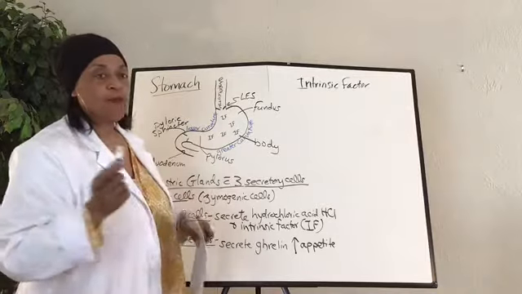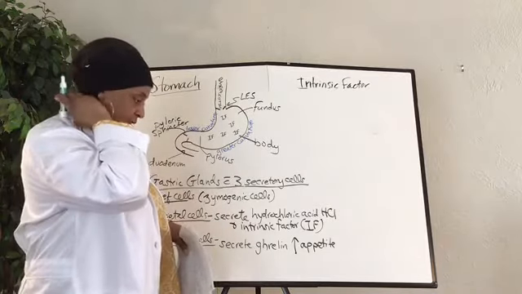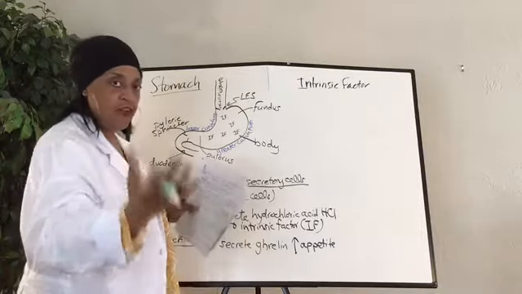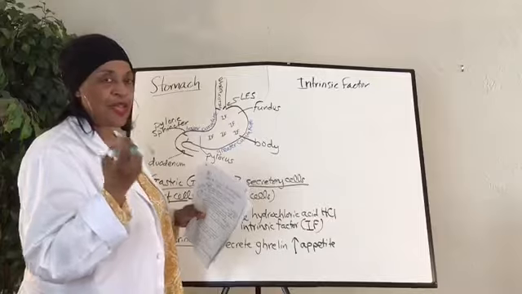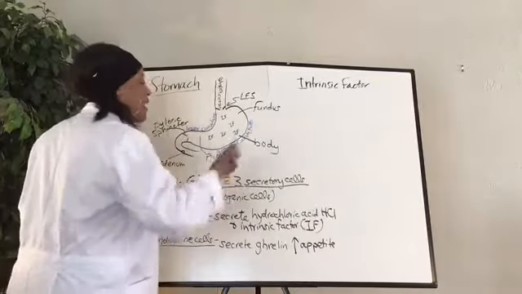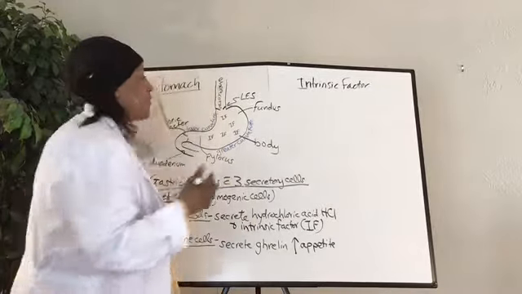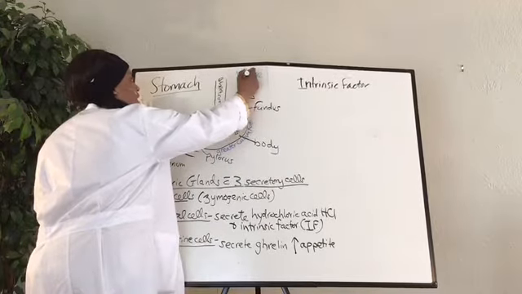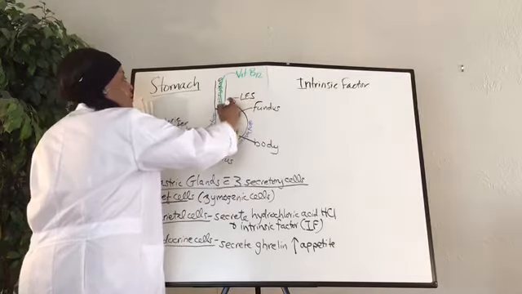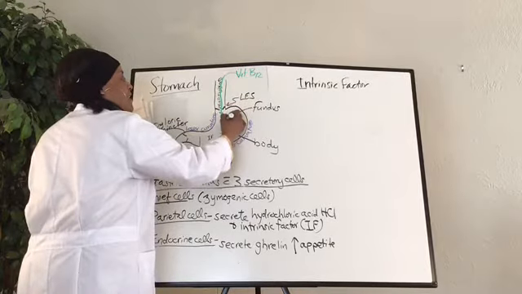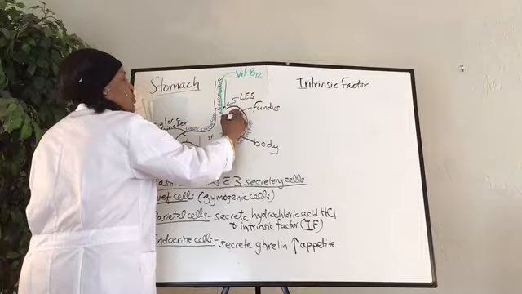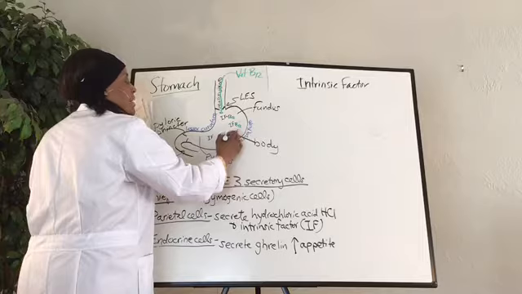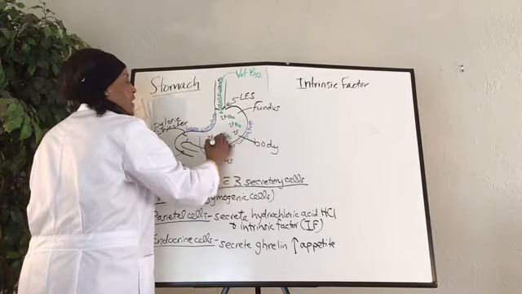Now you've just had a big old turkey burger, and that came from a turkey, so it's an animal. So it has vitamin B12 in it. So now you consume vitamin B12, and it's coming on down. Now it has to bind to intrinsic factor.